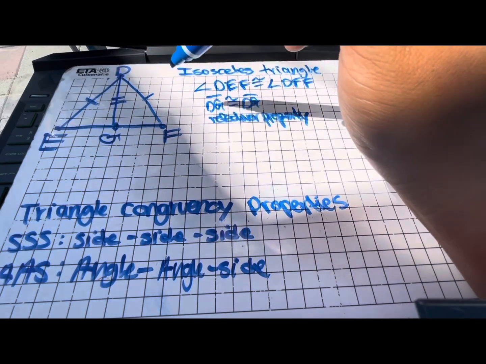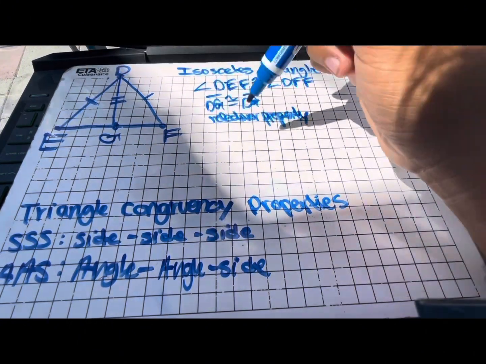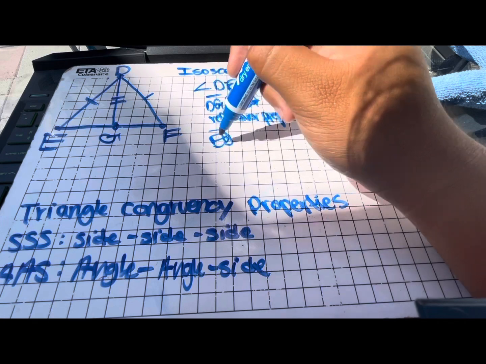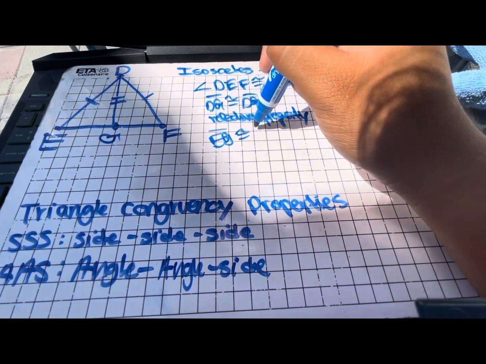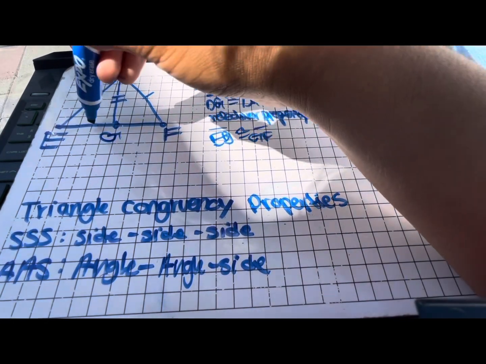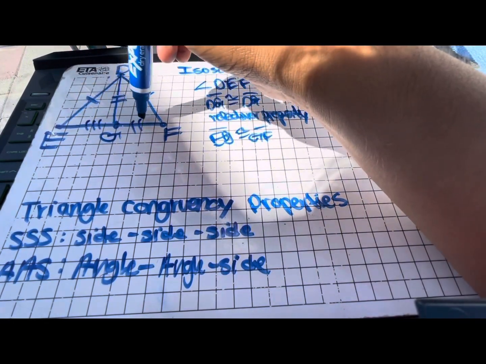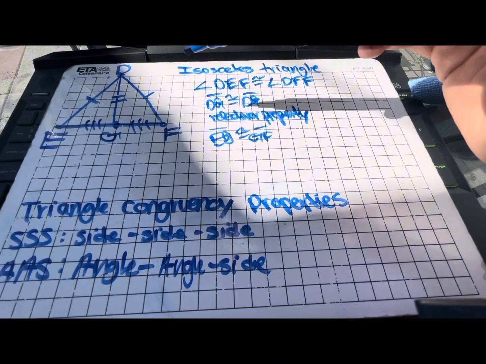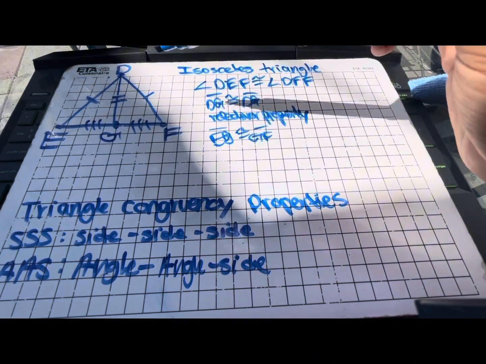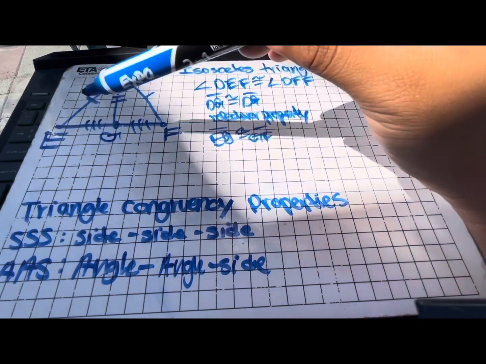And because we made the midpoint, we know that line EG is congruent to GF. And there we go. That is the triangle congruency property SSS, side, side, side.